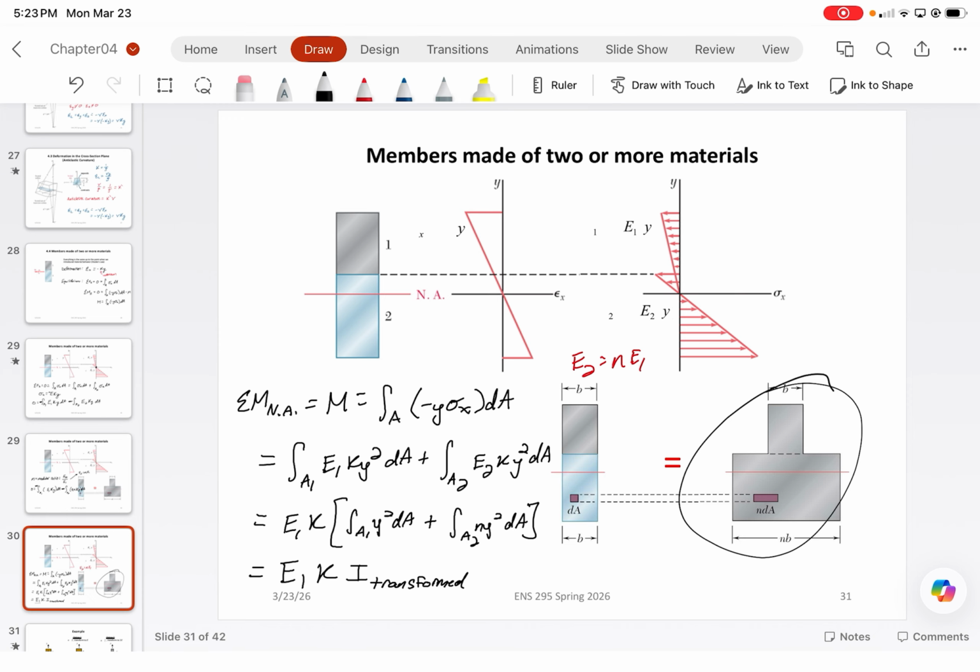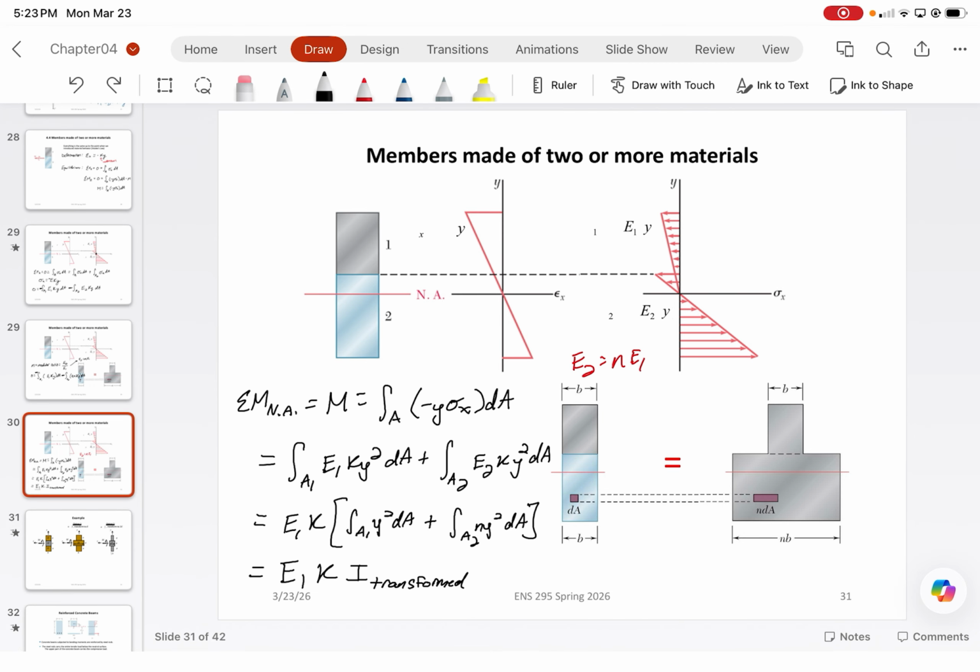What you need to do is consider the transformed cross section, a theoretical cross section that accounts for the ratio of the stiffnesses between the two materials. That's basically an introduction of what the transformation process looks like.